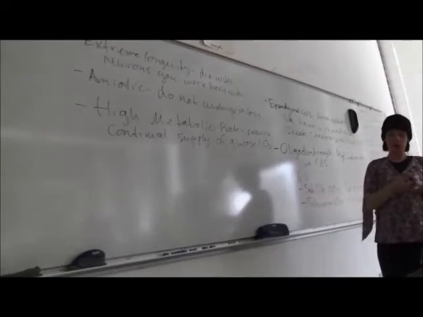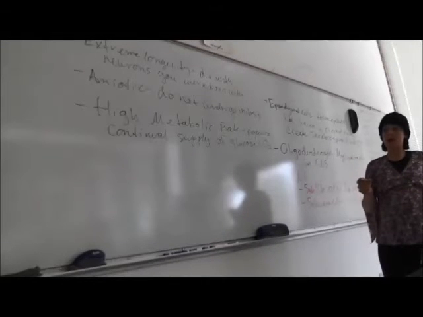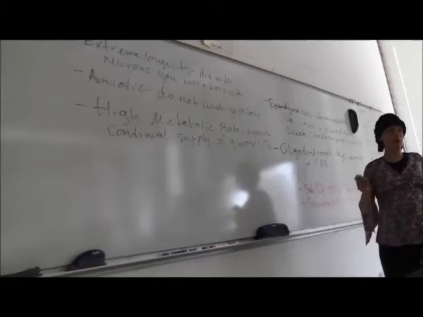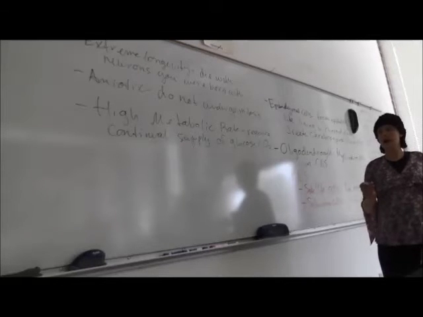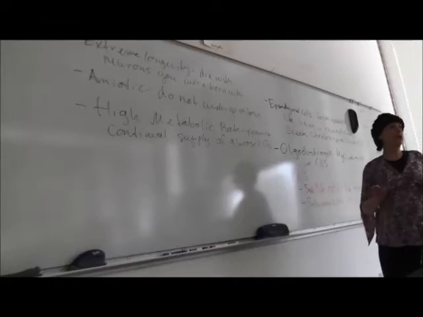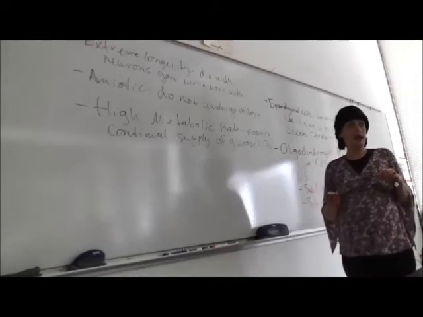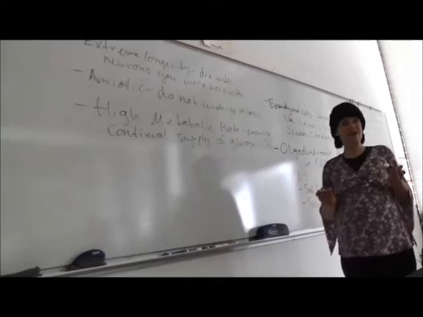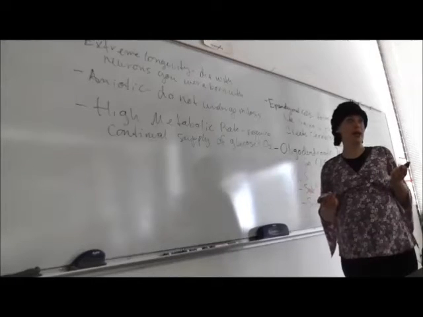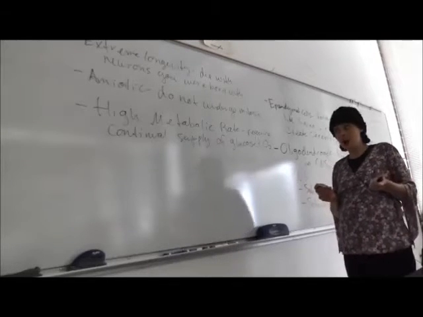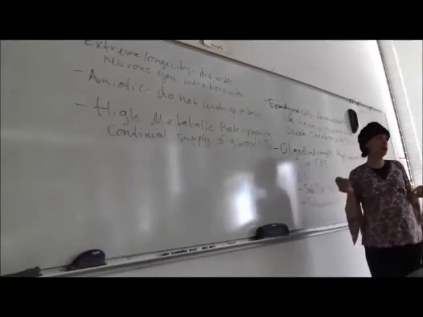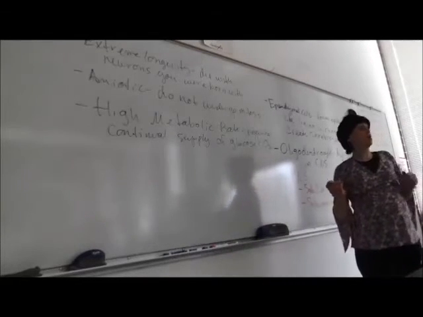This is so important that if you have low blood sugar or you're stressed, you have hormones that will break down your skeletal muscle so that we can use those proteins for gluconeogenesis. If you think about that, breaking down skeletal muscle is probably not a good idea. But it's so important for your brain to have glucose and oxygen that if you're stressed and you need it, then that's what we'll do.